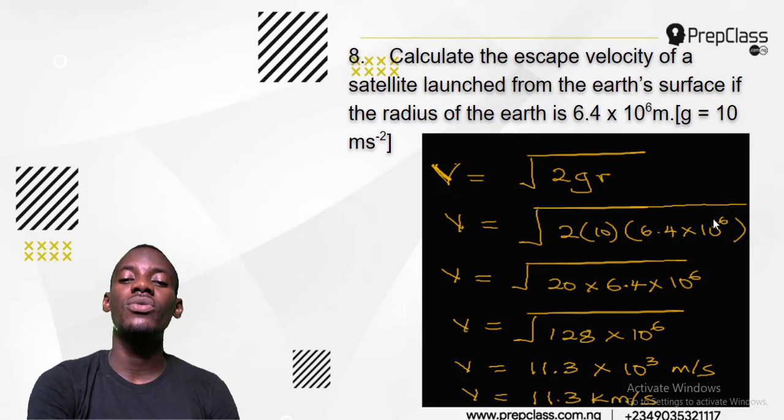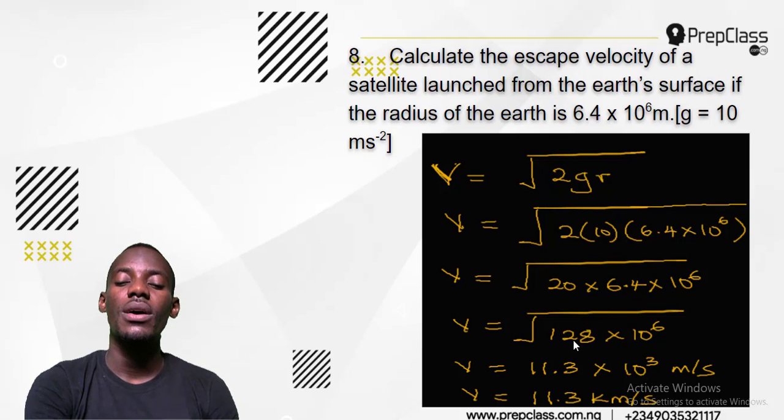Now, if I do this, I'll be getting what? 2 times 10 is 20, and I have this 6.4 times 10 to the power 6. Then 20 times 6.4 is 128, times 10 to the power 6. Then the root of 128 is 11.3.